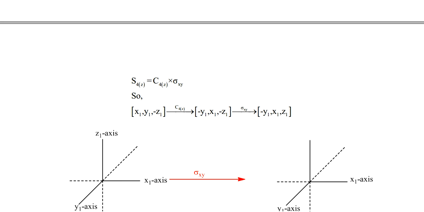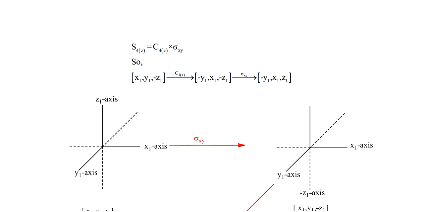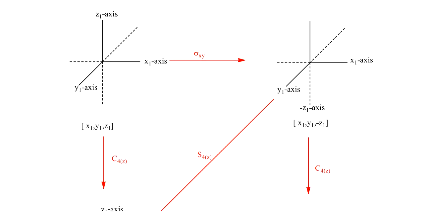So by operating C4 along the z axis, it will give minus y1, x1, minus z1, followed by the sigma xy plane, it will give minus y1, x1, z1. You can see here in this figure, by operating the sigma xy plane, it gives x1, y1 and minus z1. The x axis and y axis remain the same and the z axis is reflected.